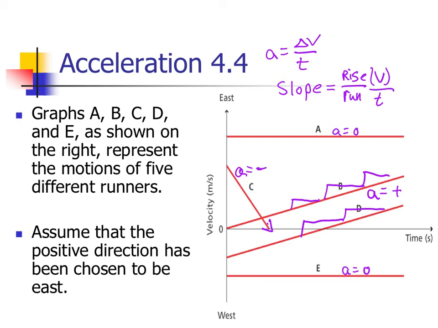So both B and D are your correct answers. The point that D starts with a negative velocity means absolutely nothing. They both have the same rise over run as we progress through.